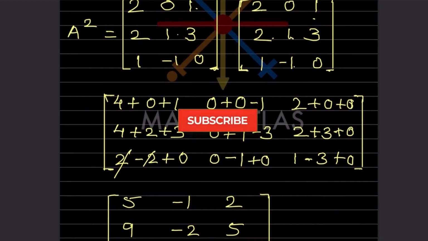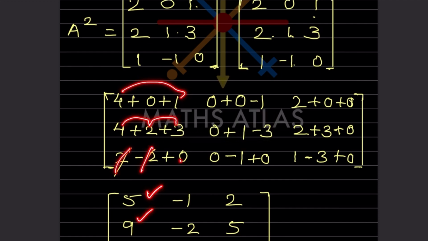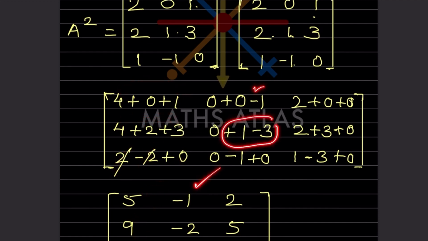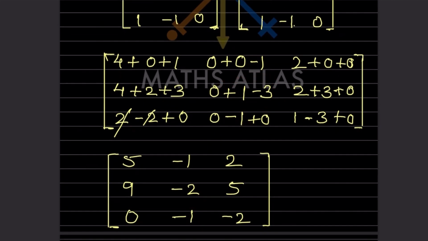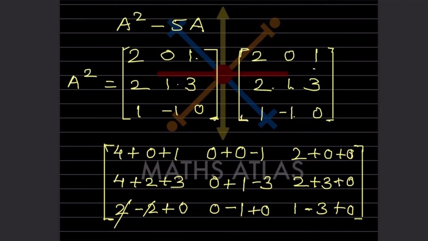Now let us see here, 4 plus this is going to be 5, 6, 9. This gets cancelled, only 0 left. Minus 1. Plus 1 minus 3 is going to be minus 2. Minus 1. Here left is 2. 5. Minus 3 plus 1 will be minus 2. So this is done for A square.